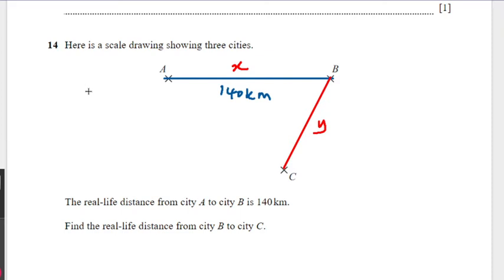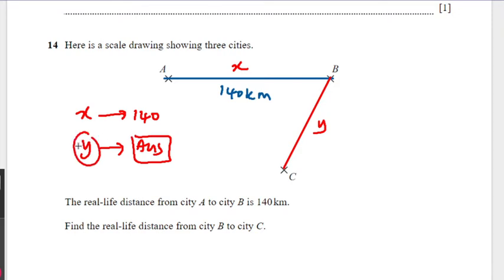Then you use ratio and proportion. This X equals 140, and your Y should equal the answer here. So how do you do this? You divide 140 by X to get 1 cm equals how many kilometers. Then after that you times with Y.